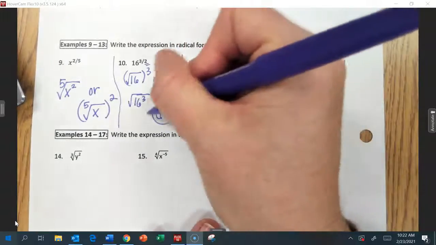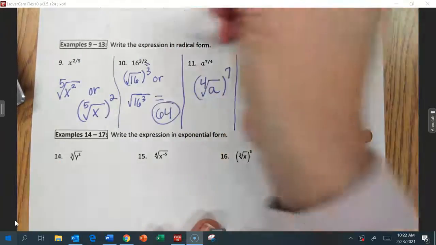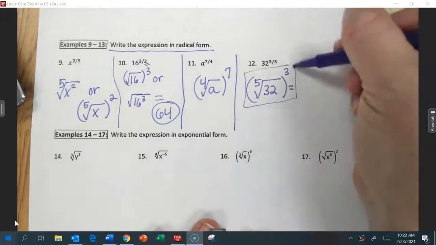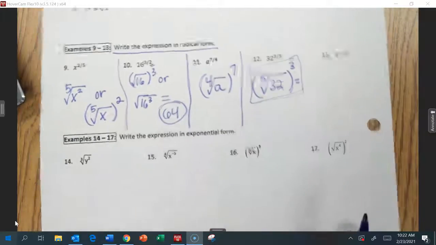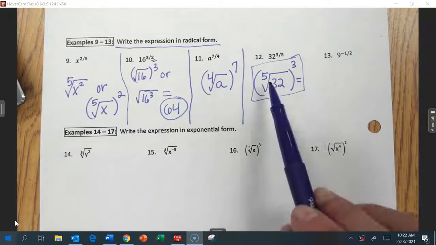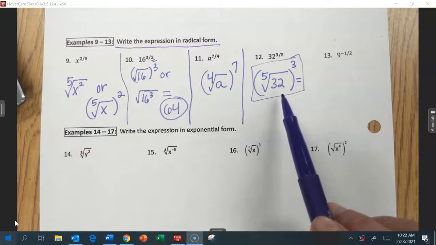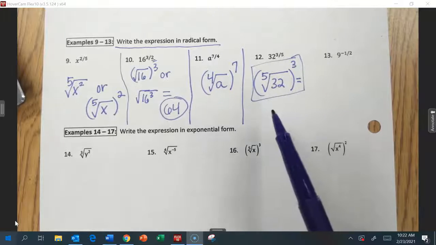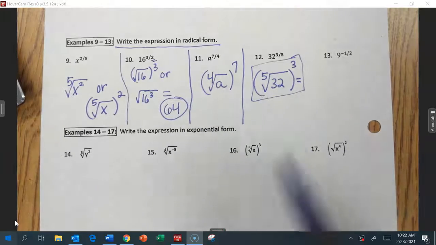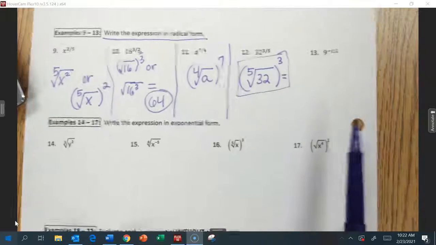We didn't really have to write this out. All it's asking us to do is write it in radical form. So this is technically written in radical form. I just think it's important that you know that you can go on from there. So the fifth root of 32 is 2, and then 2 to the third power would be 8. But since it doesn't ask us to evaluate it, I guess I shouldn't, but you kind of know where we're going from here.